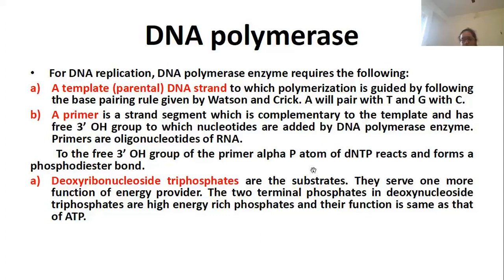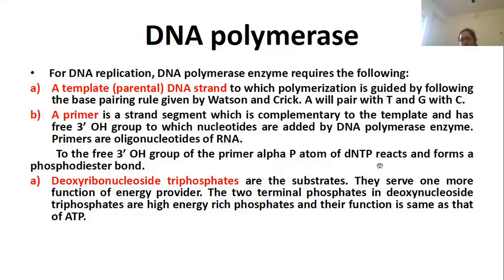Now, what are these primers? If the question is asked, then you should write about it. These primers are oligonucleotides of RNA, which have the free 3' OH group, to which the nucleotides are added in the complementary DNA strand on the parental DNA strand. Now to the 3' OH group of the primer, the alpha P atom.